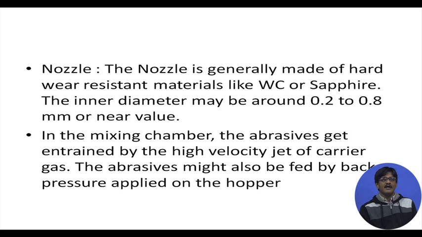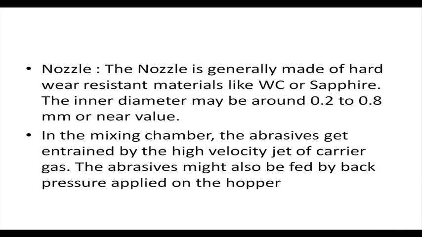Because all the abrasive particles flow down the internal passage inside the nozzle, and unless these are highly wear resistant, they will be of no use after a few hours of service, say 10 to 20 hours for tungsten carbide, and somewhat more hours for sapphire.